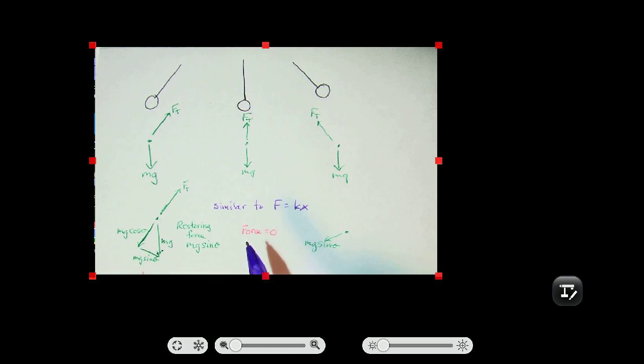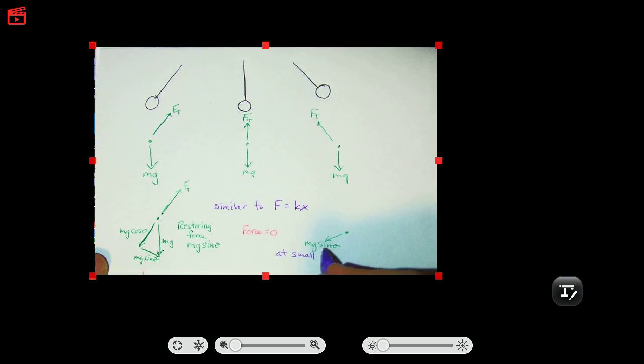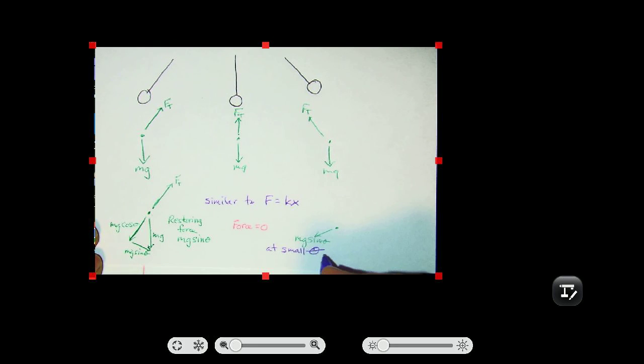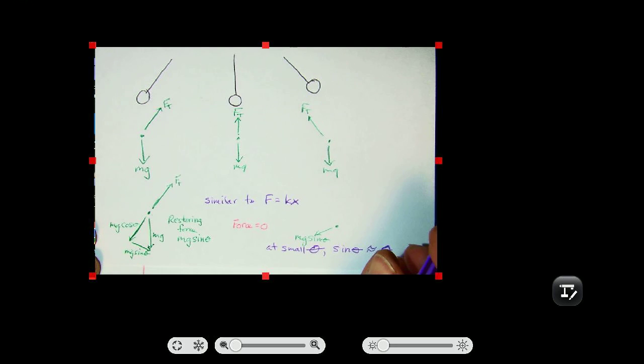Here's one thing that we find. Our restoring force is mg sine theta. At small angles, where theta is small, sine of theta is pretty close to just theta if it's in radians. Now, this is an approximation.